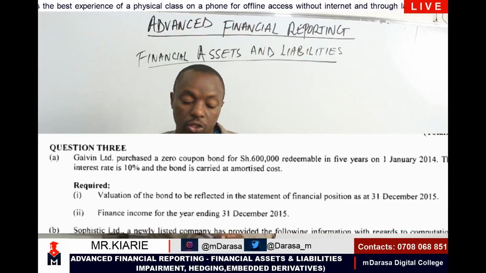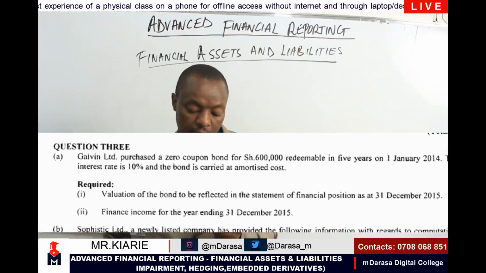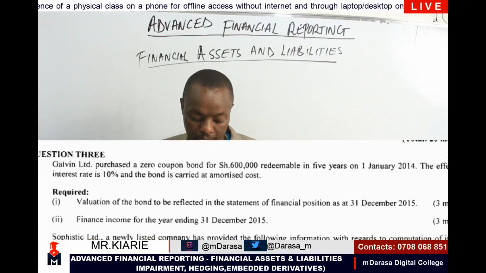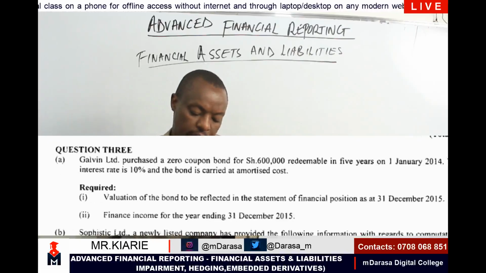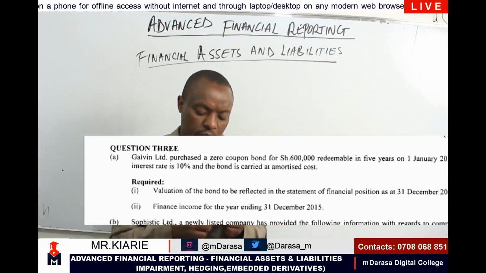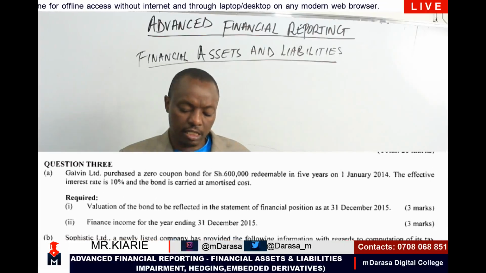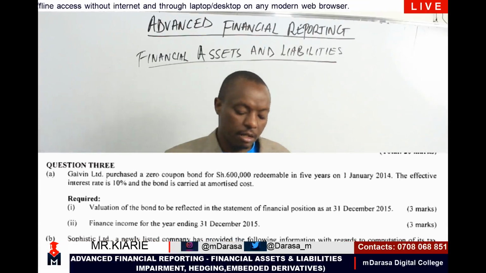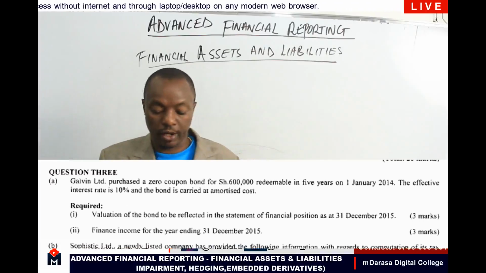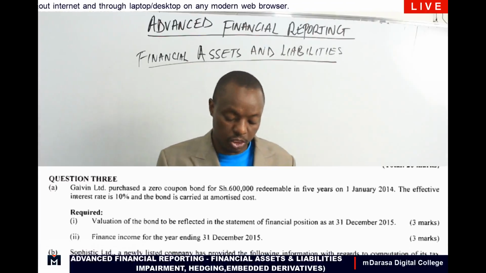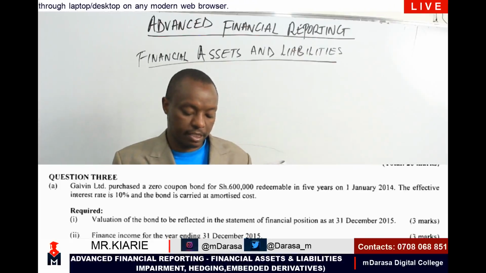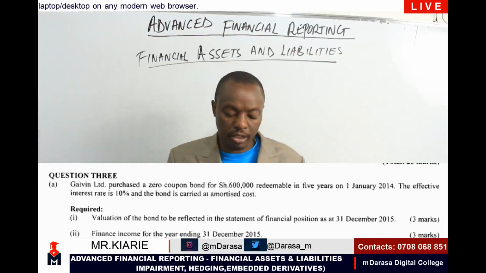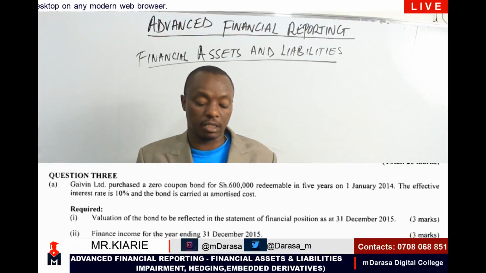The question reads, TPA Limited purchased a zero-coupon bond for $600,000 redeemable in 5 years on 1st January 2014. The effective interest rate is 10% and the bond is carried at amortized cost.